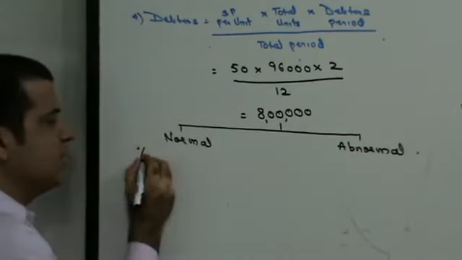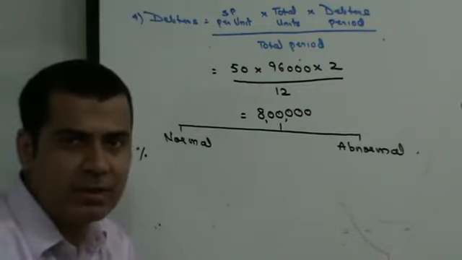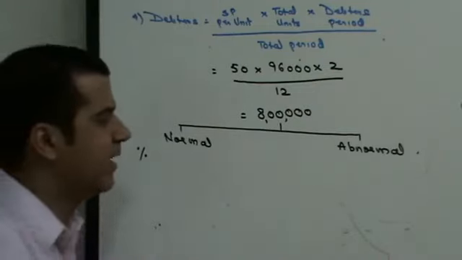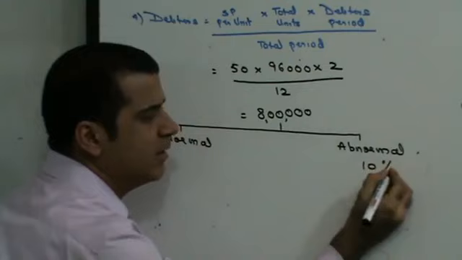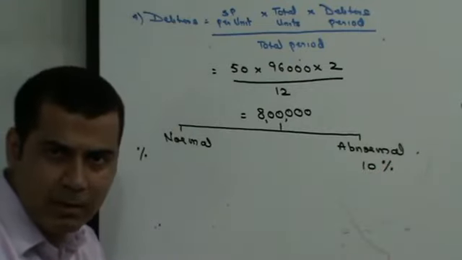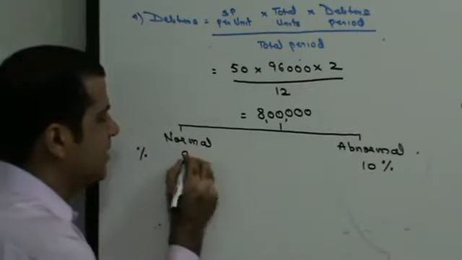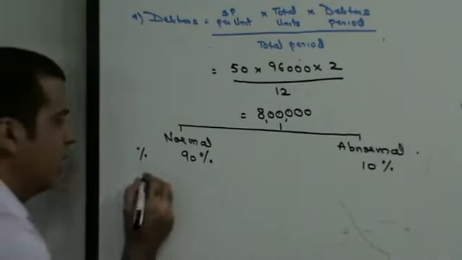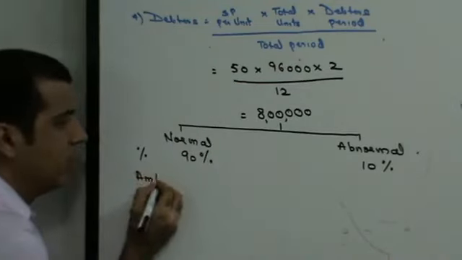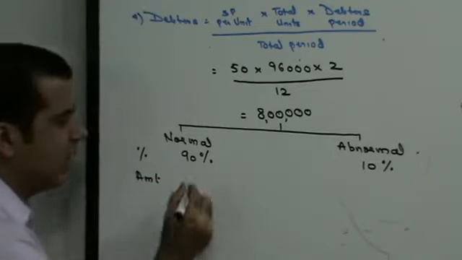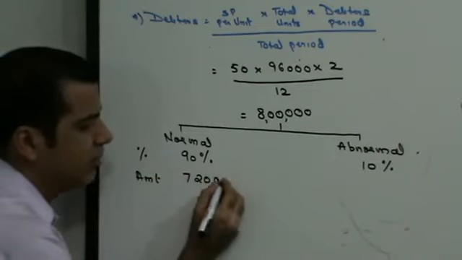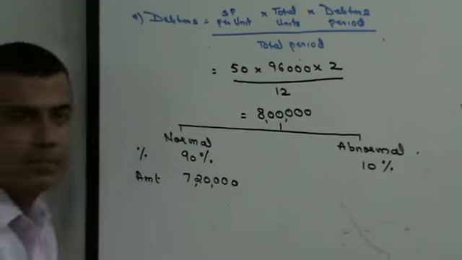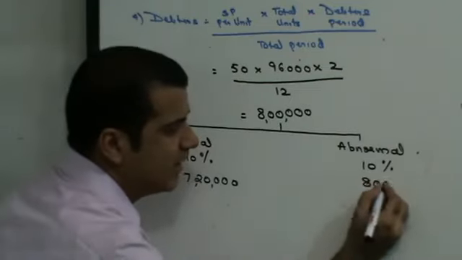In terms of percentage, 10% of the sales is abnormal, which means 90% of the sales is normal. In terms of amount, 90% of 8 lakhs is 7,20,000. 10% is 80,000.